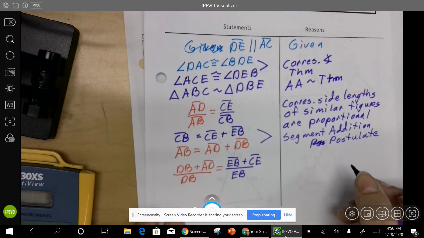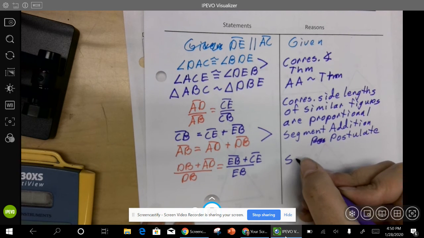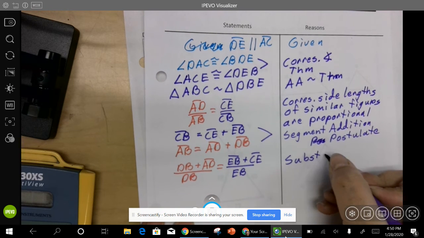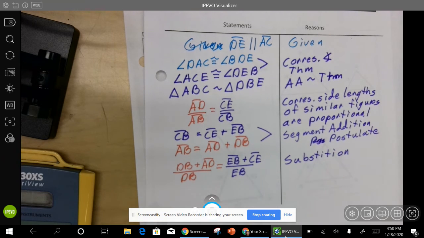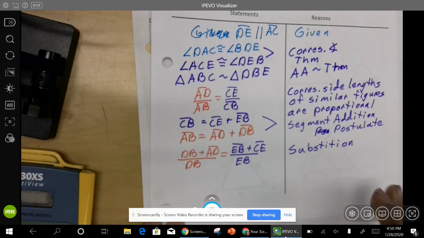Okay, so I did substitution. So we're substituting those in. Okay, and then we're going to rewrite it.